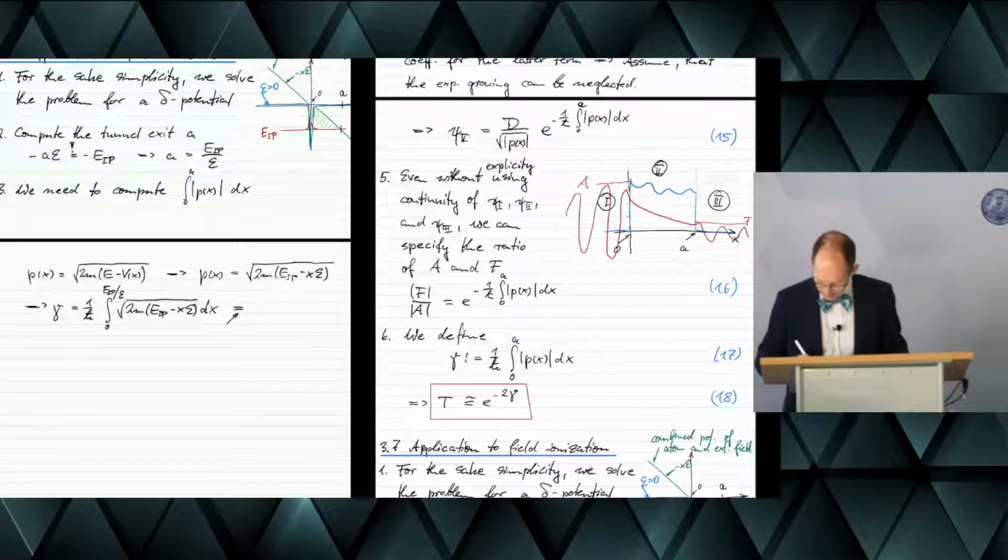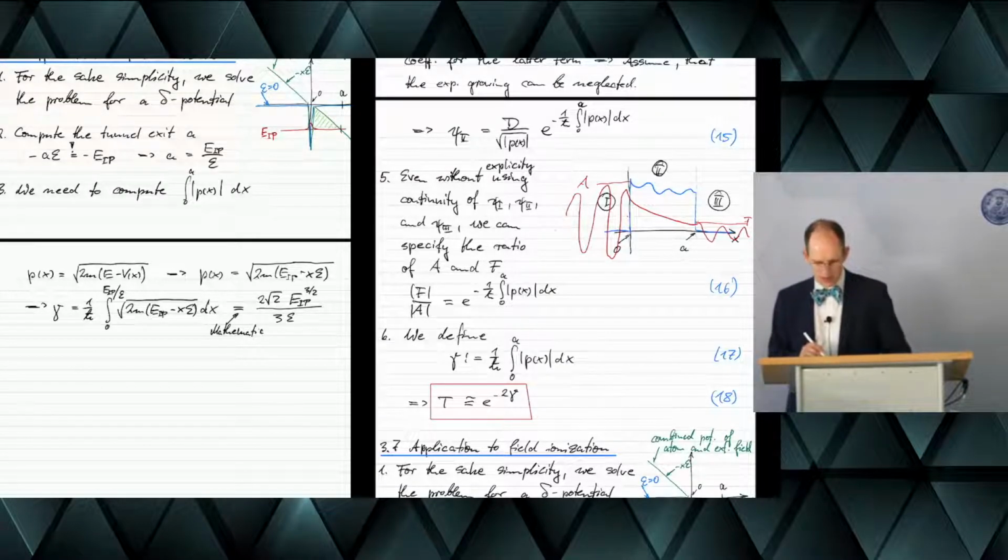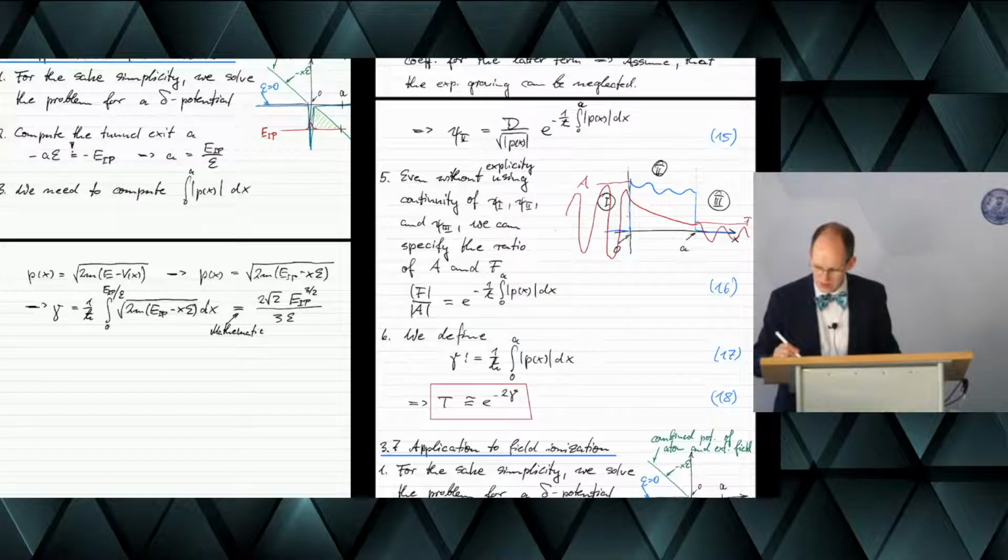I was too lazy. I'm sure you can do it quickly. What we get is EIP to the power of 1.5 divided by 3 times the electric field strength. Equation 19.